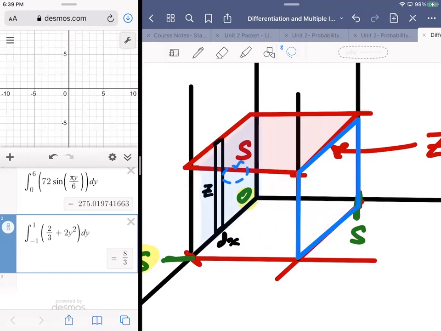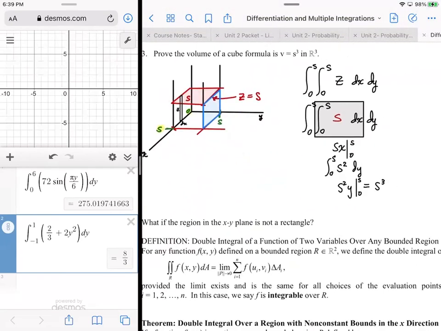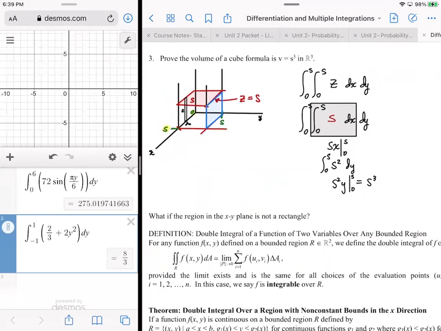So then integrating it will give me each one of these volumes added together. So this one, this one, this one, and so on, all the way until we cover up the entire region, at which point we will have accounted for all the volumes. Right? And so in the end, the sum of all those volumes would give us the volume of the cube itself. So it's a lot of theoretical stuff going into it, but it's pretty straightforward when you really think about it.